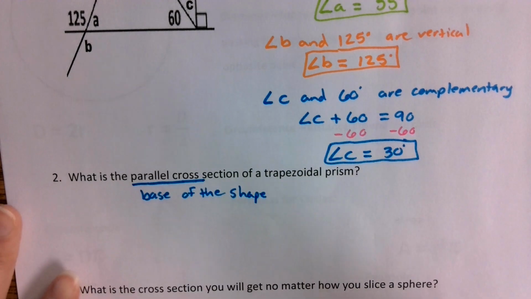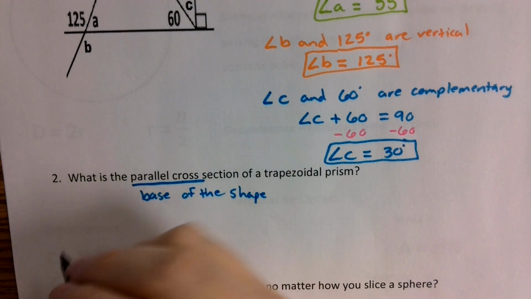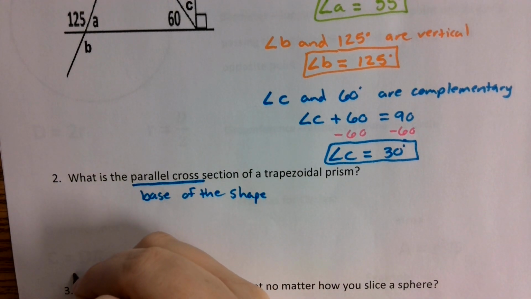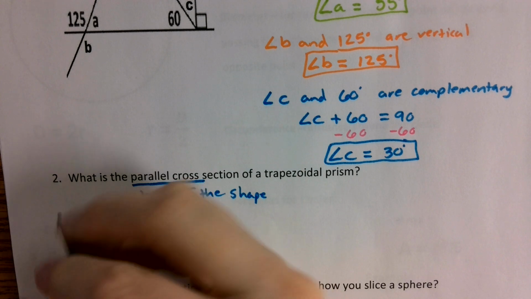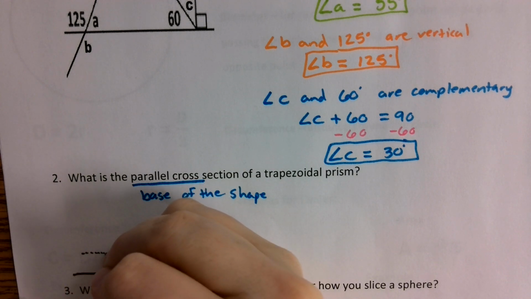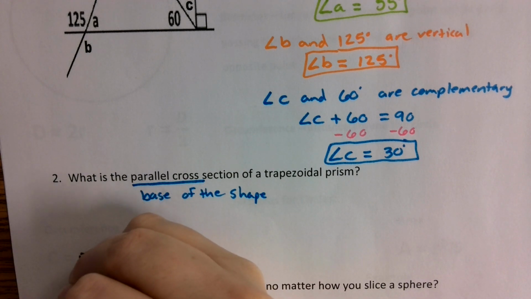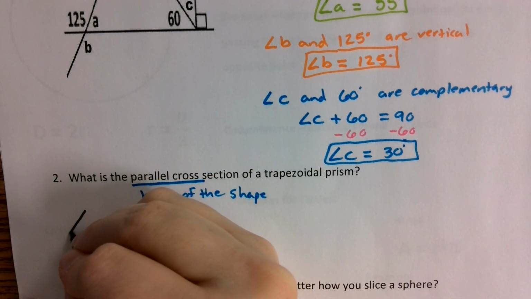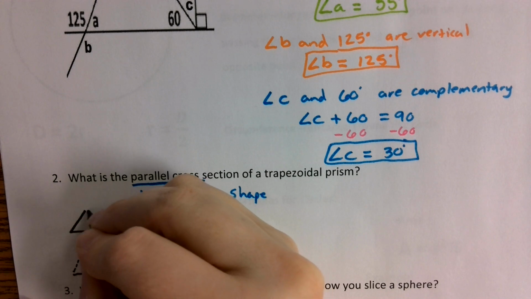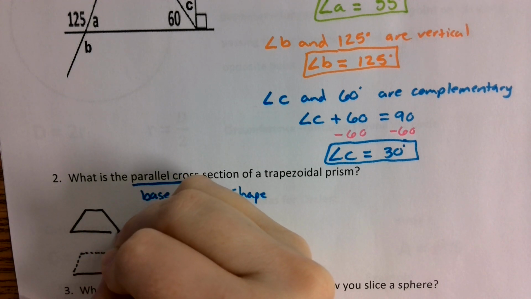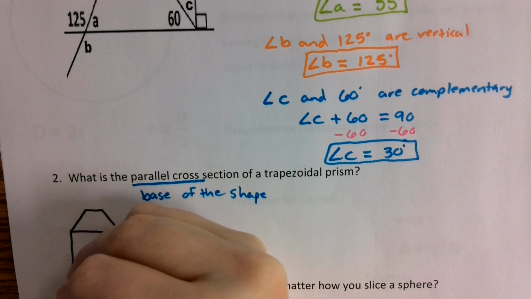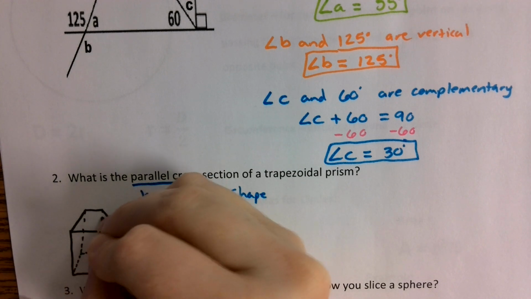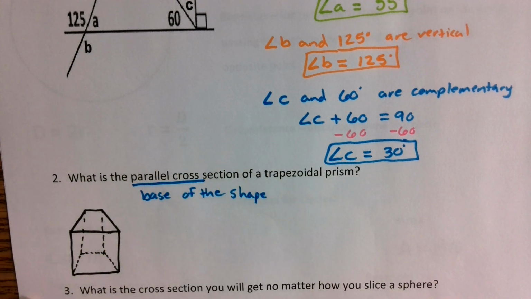Let me show you again why. I'll draw a quick trapezoidal prism. So here's my trapezoid. Here's a similar trapezoid to it. And then I'm just going to connect each of the vertices to each other.